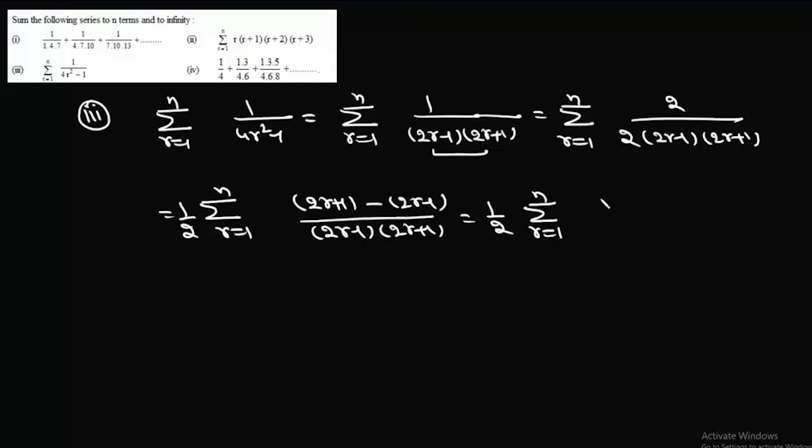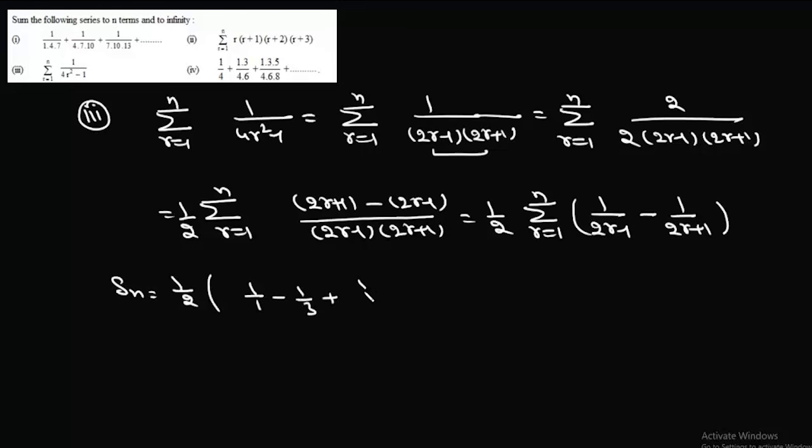Now here 2r+1 will cancel, so it will be this 1 upon 2r−1, and here 2r−1 will cancel, and this is 2r+1. So we can write this sum of n terms as 1 by 2. Now we put r as 1, it will be 1 upon 1 minus 1 by 3, r as 2, so it will be 1 by 3 minus 1 by 5, and we continue up to 1 upon 2n−1 minus 1 upon 2n+1.